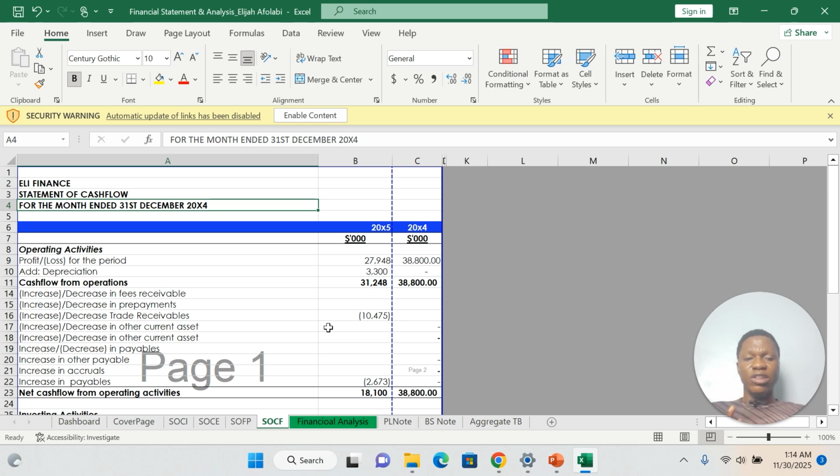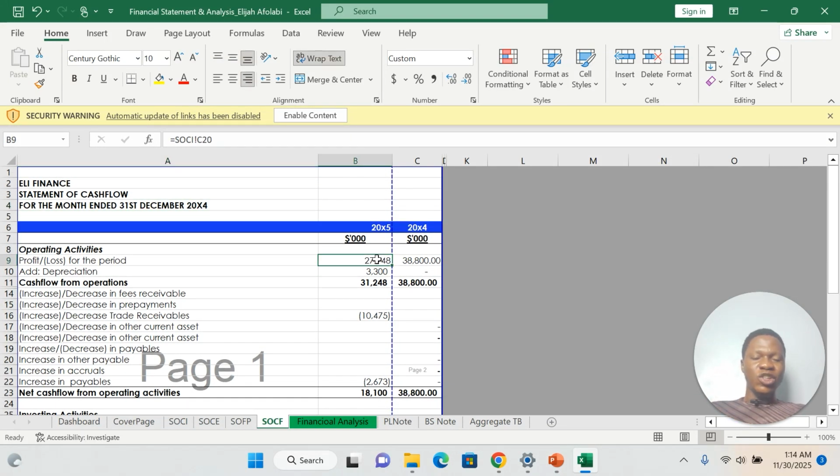If you are using an indirect method like we use here, the first thing you have is your profit for the period. You add back any non-cash item, because when you calculate profit in accounting, we use the accrual basis, and for the accrual basis we would have adjusted for items that do not involve the inflow or outflow of cash.